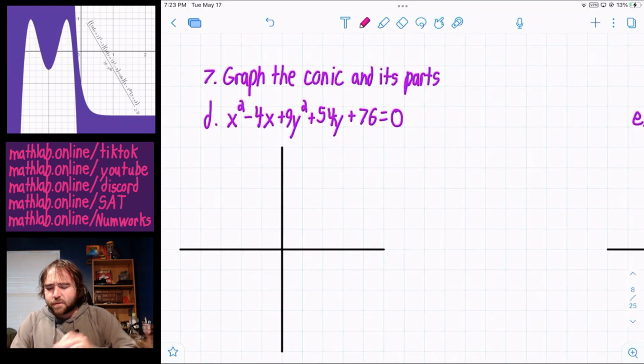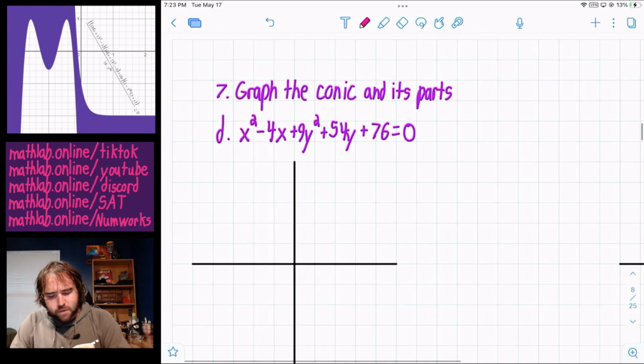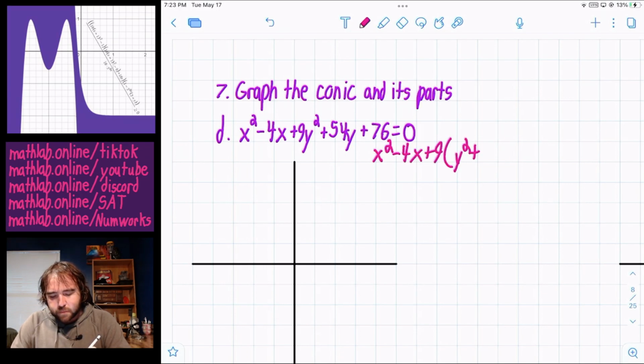So now let's go back to some conics. And these are just complete the squares. So it's a bit of a grind, but we just got to be careful. So we're going to factor out this 9. Now we'll complete the square. So remember the pattern. We're going to do half of 4 minus 2 squared.